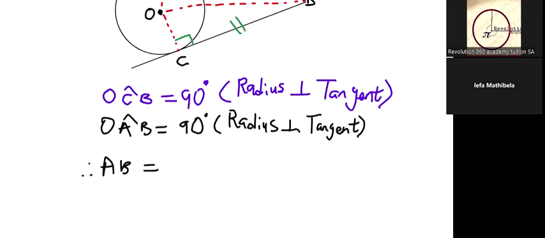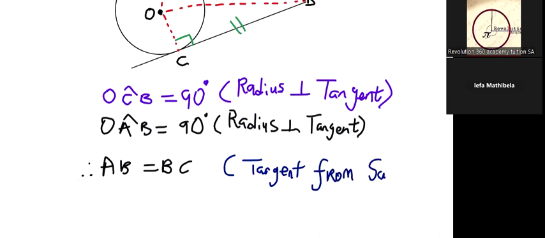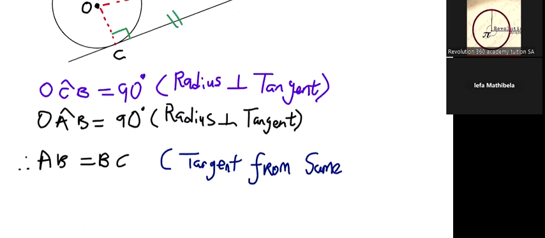Reason: remember that in geometry, each and every statement should be accompanied by the reason. So you'll say tangent from the same point. Just like that. So that is actually theorem number 8.